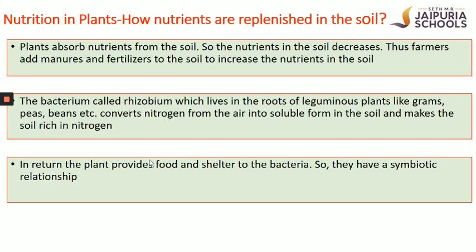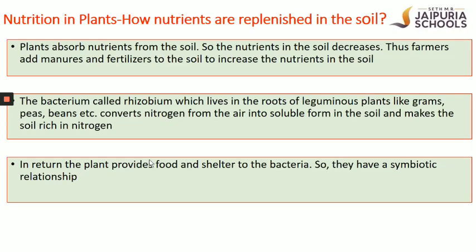The bacterium called rhizobium, which lives in the roots of leguminous plants like grams, peas, beans, etc., converts nitrogen from the air into soluble form in the soil and makes the soil rich in nitrogen. Nitrogen is very much essential for the growth and development of plants.